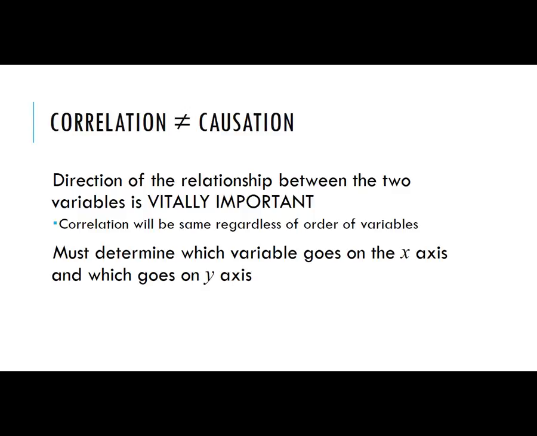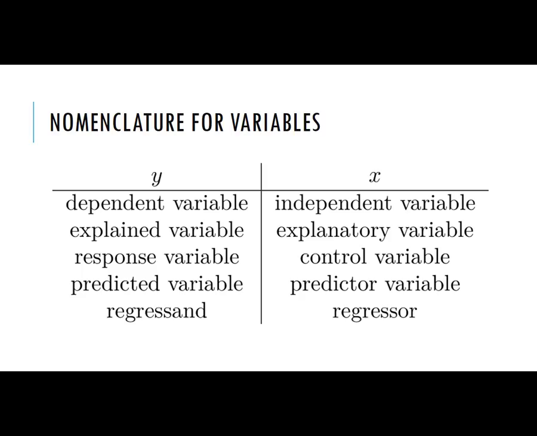The Y, the variable that goes on the Y-axis, is our dependent variable, the outcome variable. I have a nice little table here of nomenclature that is also in the textbook, of what we might call the Y variable versus what we might call the X variable. The Y variable might be called the dependent variable. It depends upon what X does.